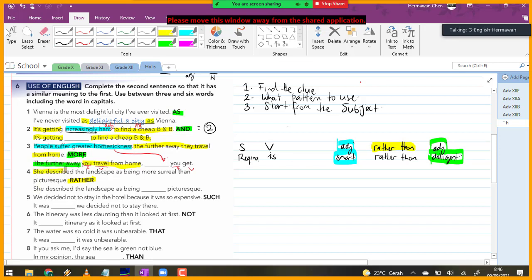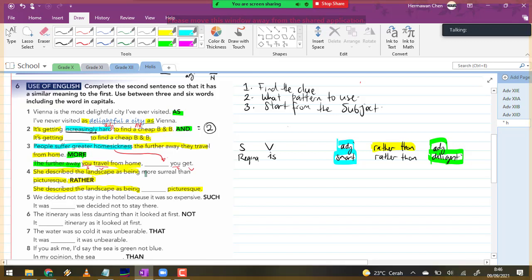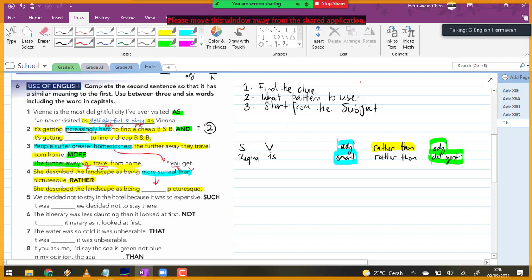She described the landscape as being is taken here. Next, picturesque has been taken here. And this one, more surreal than, hasn't been used. It means you have to put it here. Okay.